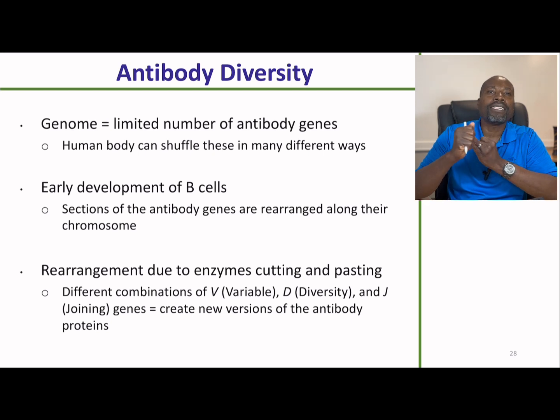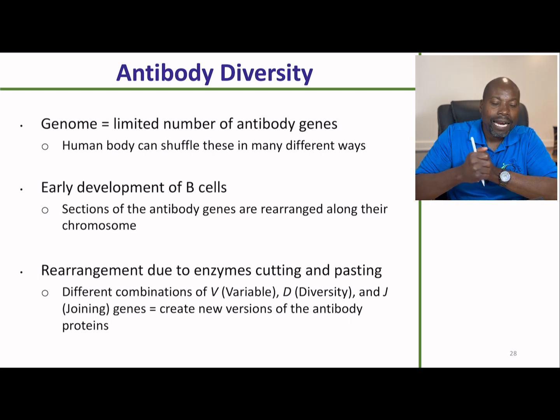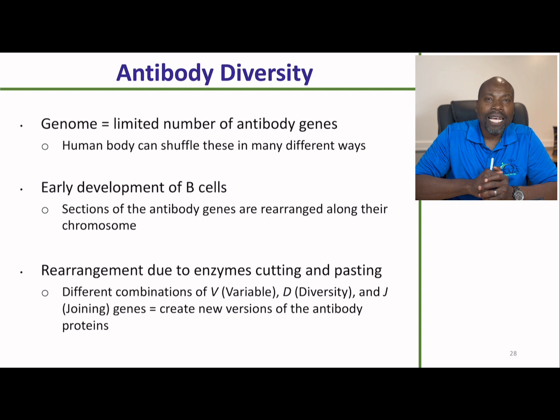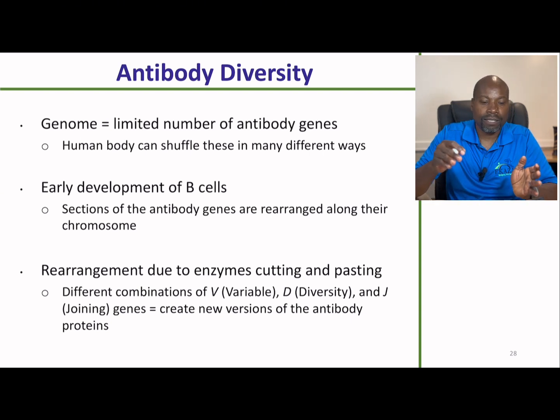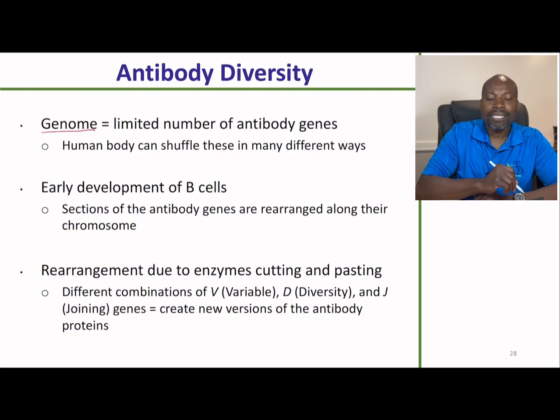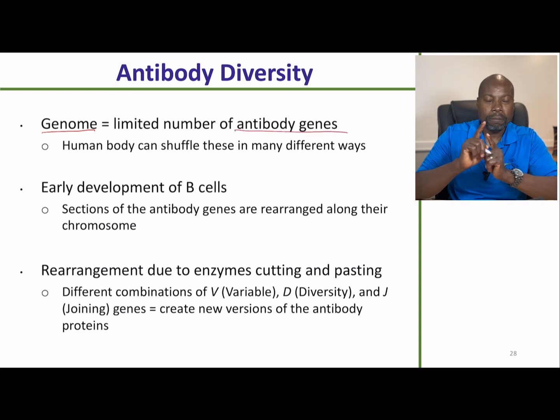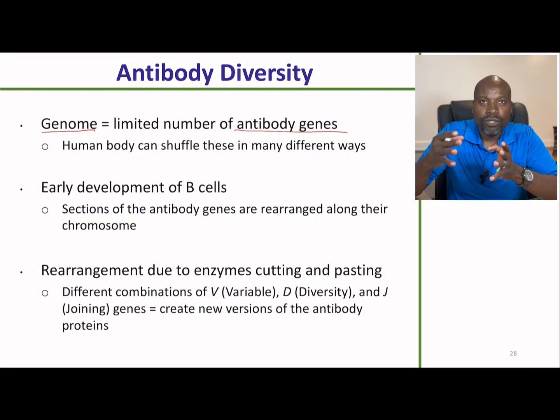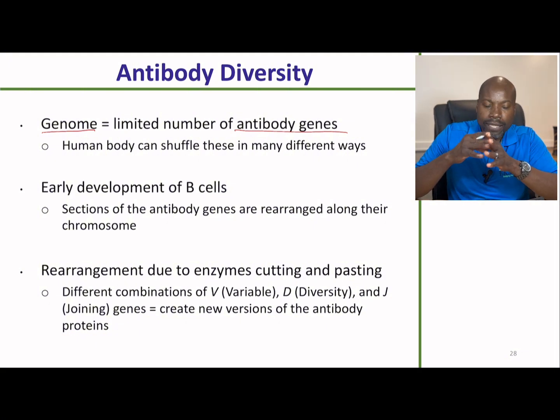We talked about alternate splicing, right? So that alternate splicing is going to produce a tremendous variety of antibodies, right? So the genome has a limited number of antibody genes. However, with splicing and alternate splicing, the combinations of antibodies become wide.